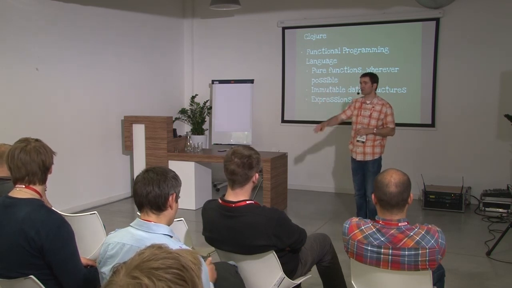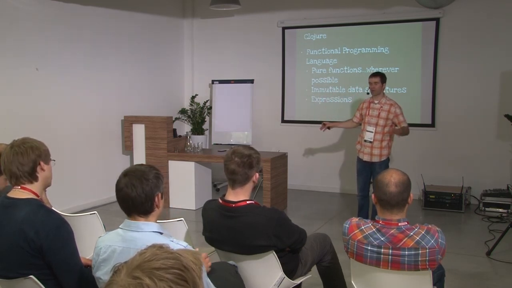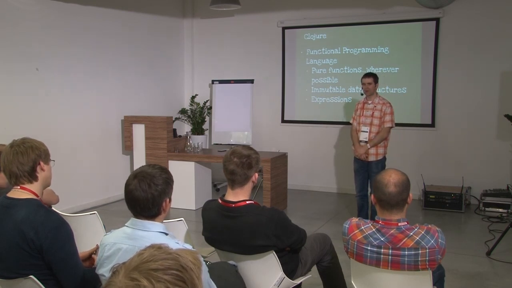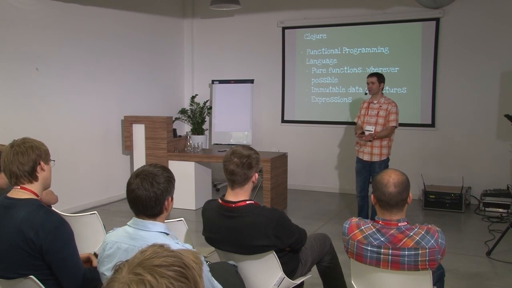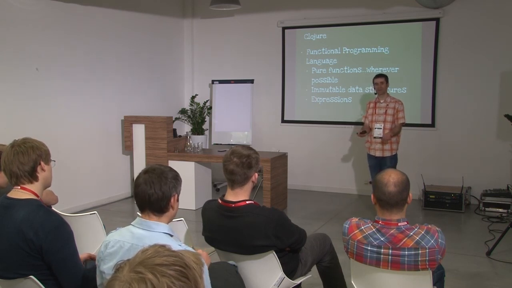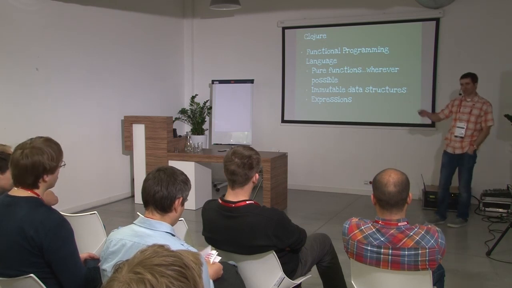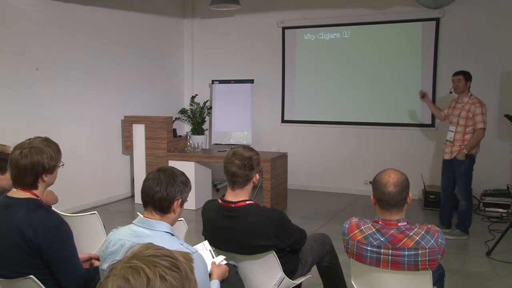There is inheritance, polymorphism, blah, blah, blah. But they say, you don't need it. How is so? Can I develop anything without object orientation? Yes, you can. But I'm not going to show how to do it, because this is not a talk about Clojure.